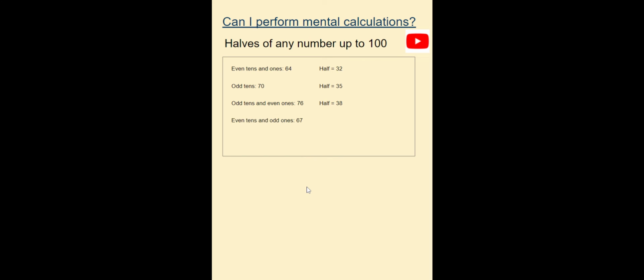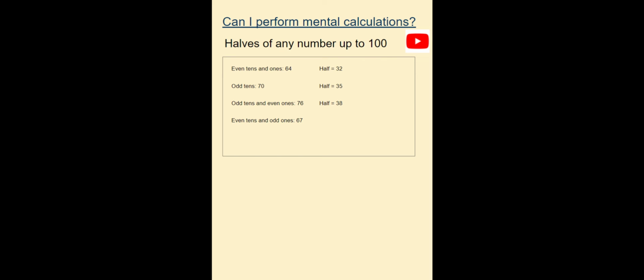It gets a little bit harder when I have an odd number in the ones column. Half of 6 is quite easy, it's 3, but half of 7 is going to give me a decimal number because 7 is odd.